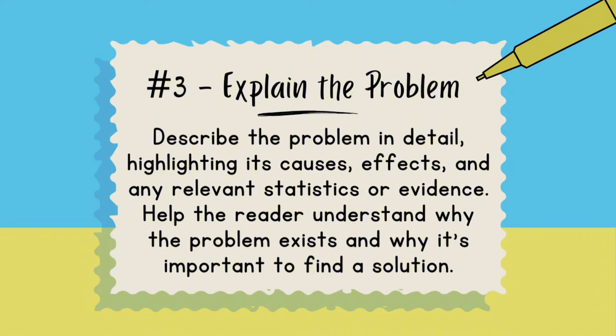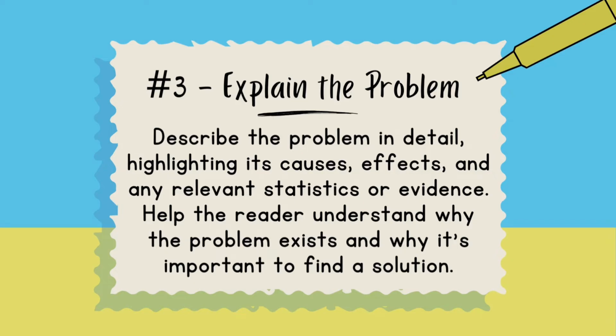So you can highlight its causes, you can give the effects, any relevant statistics or evidence. Okay, perhaps because of that garbage, there are a lot of flies, the community is being pested by flies and mosquitoes, for example. And for statistics, after 5 months, where the garbage is being collected once a month, there are already 5 people who were diagnosed with dengue or something like that.